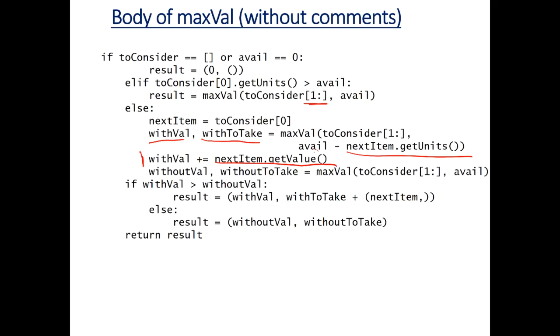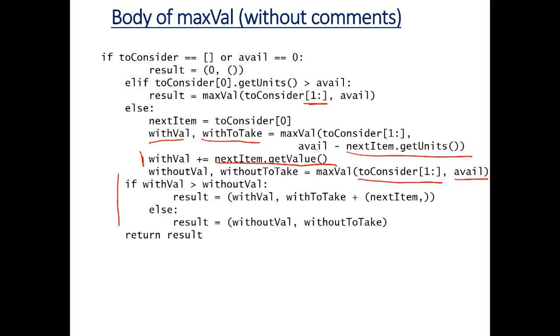I then look at the right branch where I don't take it, and that will be, as up here, max val of to consider without the first item and avail. And then finally, I choose the better of the left and the right branch here and return that result.